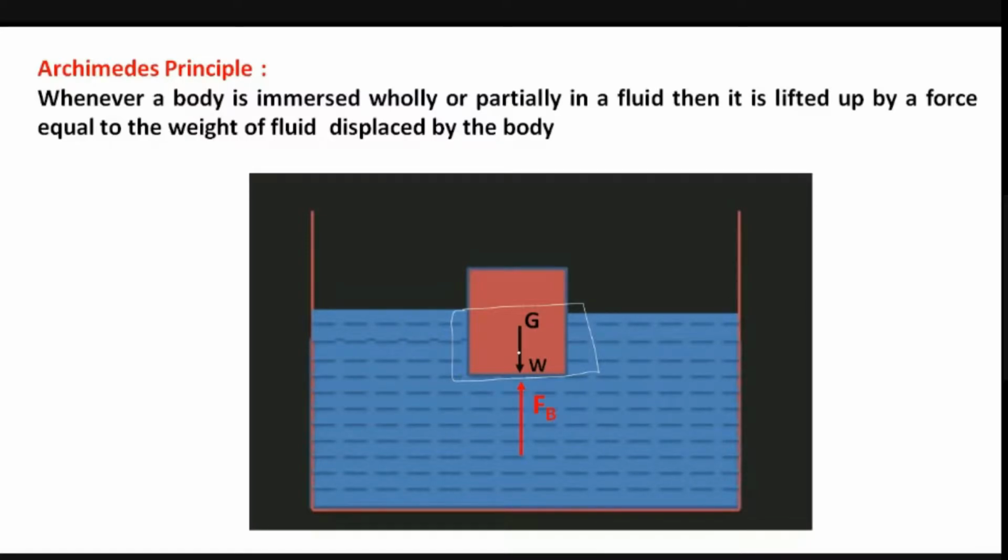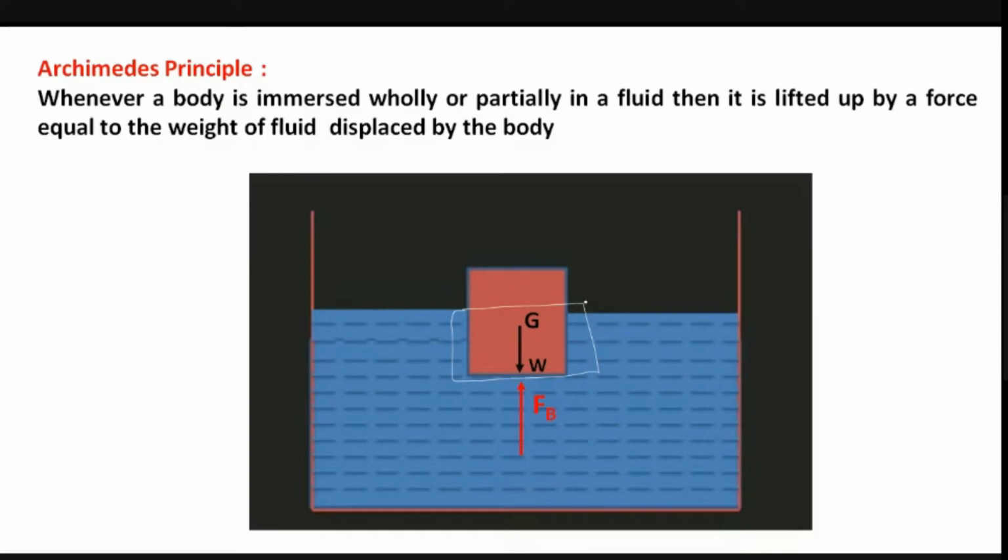For the buoyancy effect, the Archimedes principle is very important. As per the Archimedes principle, whenever a body is immersed wholly or partially in a fluid, it is lifted by a force equal to the weight of the fluid displaced by the body. Here we have one object immersed partially in the fluid, so it displaces a certain volume, and the weight of the fluid displaced is the same as the weight of the object.